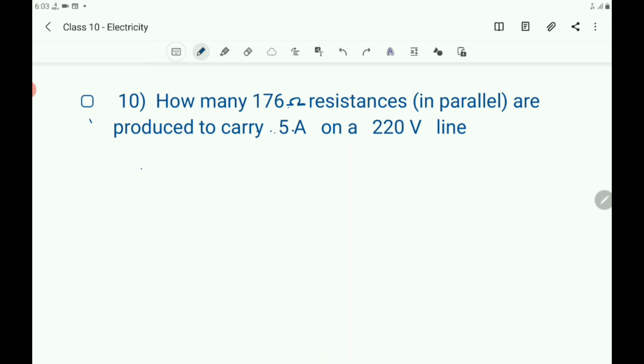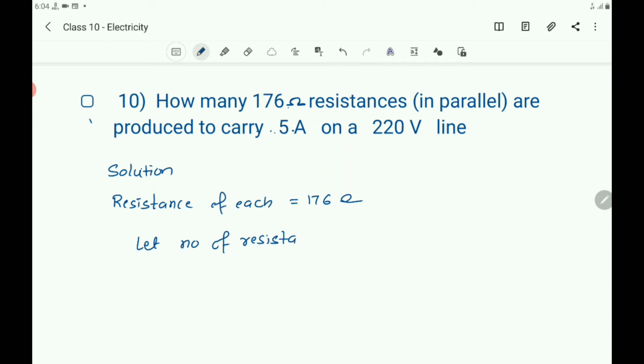Take the solution. Resistance of each resistor equals how much? 176 ohm. Let the number of resistors equal n.